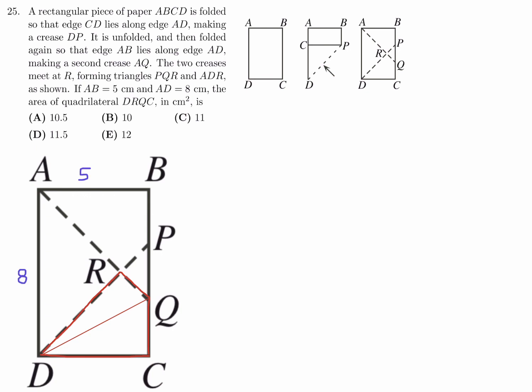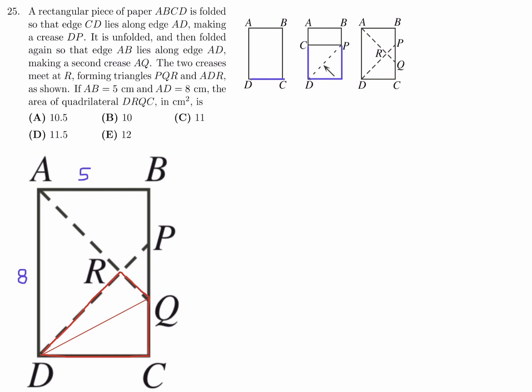Now, notice in this diagram, up here, that CD was here. And then you folded it, and CD came up here. So when you do that, what you've basically done is formed a square. And because you formed a square, this is the same as that in terms of its length, correct?